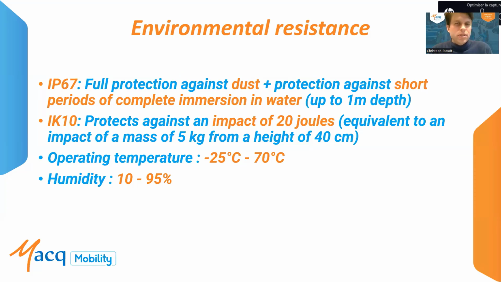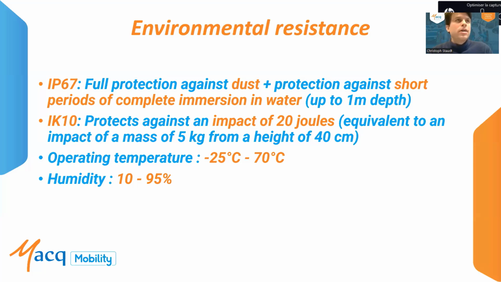The operating temperature is minus 25 degrees up to 70. That means if you install it and turn it on, it can be minus 25 degrees outside. But it can be even lower when it's in operation already.